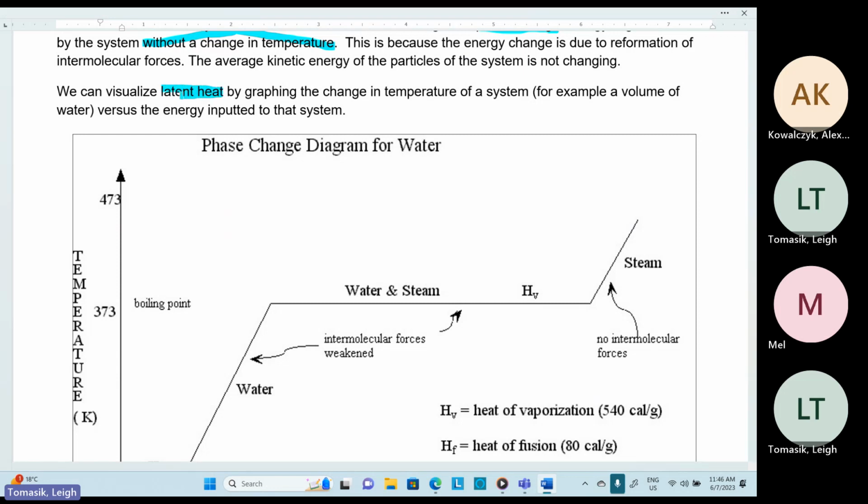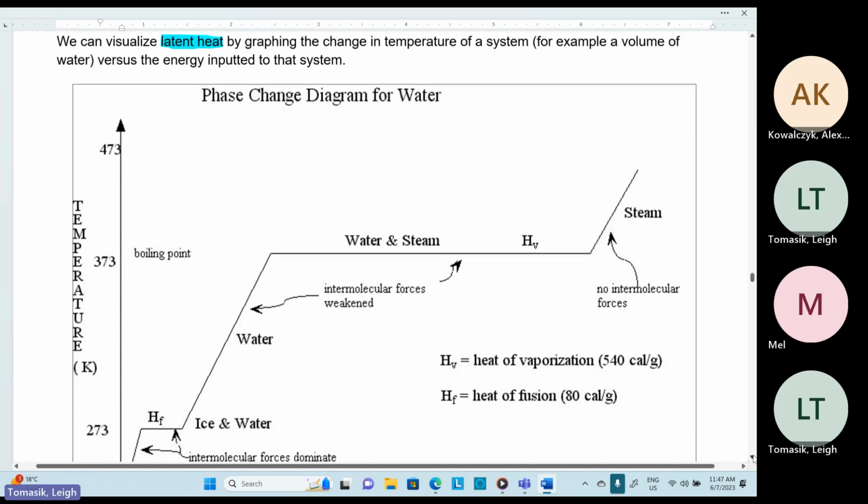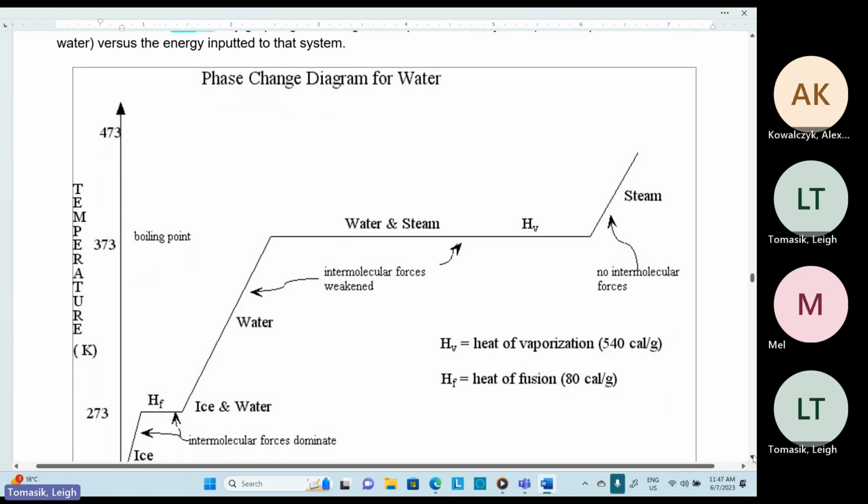Latent heat is what happens when there is a phase change, and the energy being absorbed is not being used to increase the temperature, but to break the intermolecular forces and turn a solid into a liquid or a liquid into a gas.